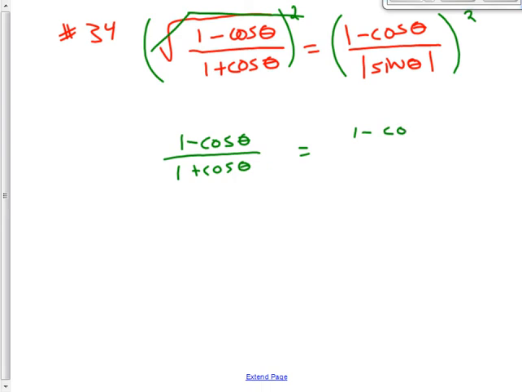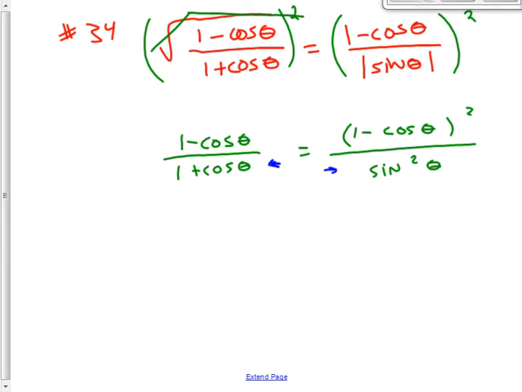So I'm going to shoot to try to get 1 minus cosine theta squared over sine squared theta. Now, when I look here and here at the denominators, I know that if I had 1 minus cosine squared, I could turn that automatically into a sine squared.